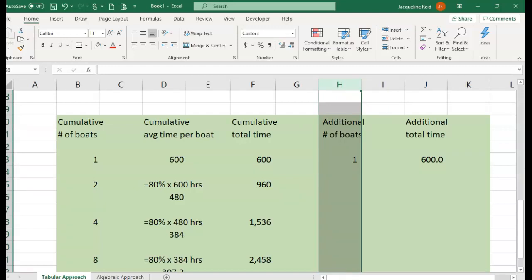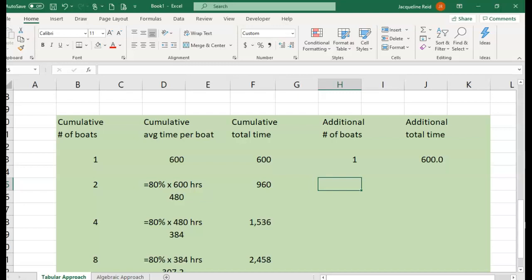All right. So in our next row, we're going to now compare it to the previous situation. So if in this instance we are looking at 2 boats, it means that the additional boat in this case is 1. Because 2 boats previous to this, it was 1 boat.